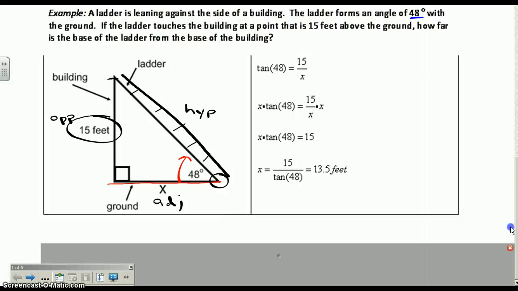That's why we're going to use tangent. The equation is tangent of 48 equals 15 over x, because tangent is opposite over adjacent. Now we multiply both sides by x, and then divide by tangent of 48. If you plug that in your calculator, you will get the solution of 13.5 feet. Let's try 5 more together.